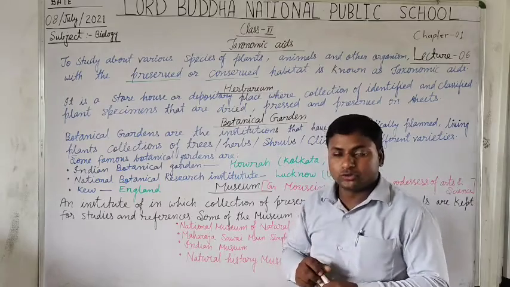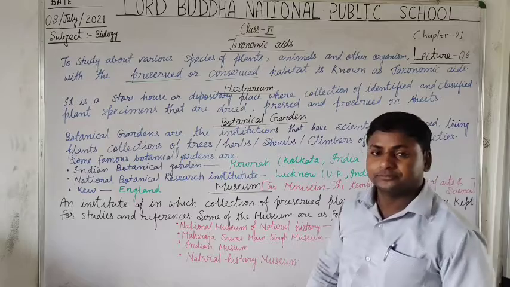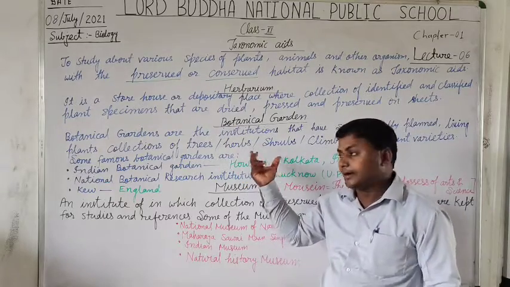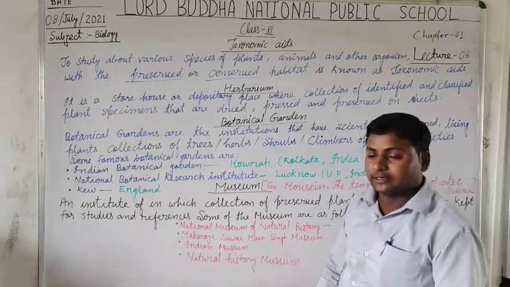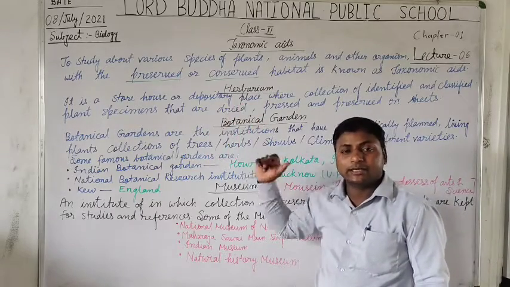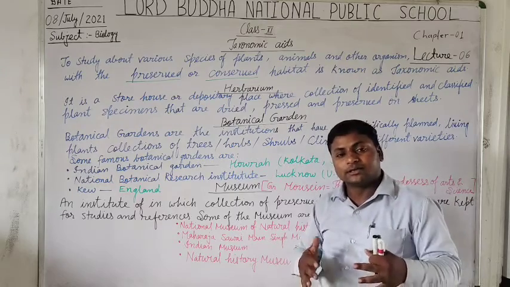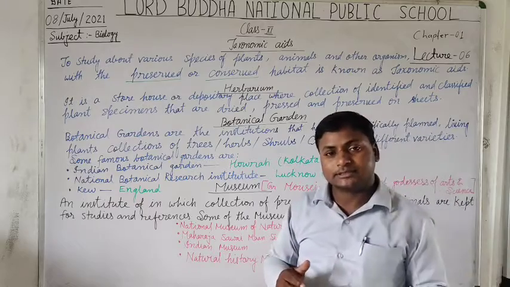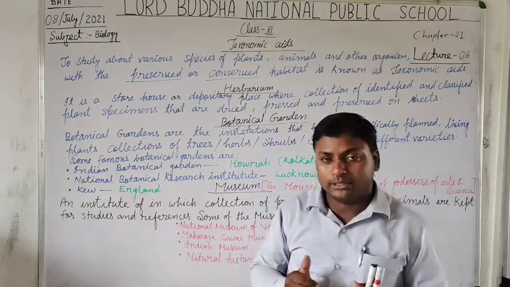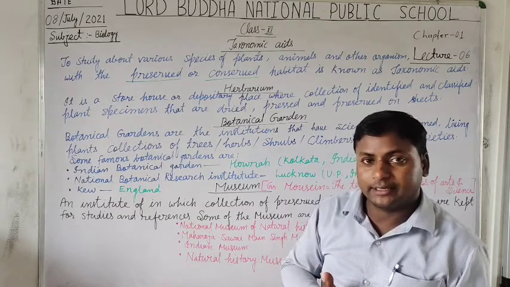So students, next to the herbarium, the next taxonomic aid is the botanical garden. What is a botanical garden? As the name makes clear, it is a garden where thousands of plant species are natively kept in a surrounding area.